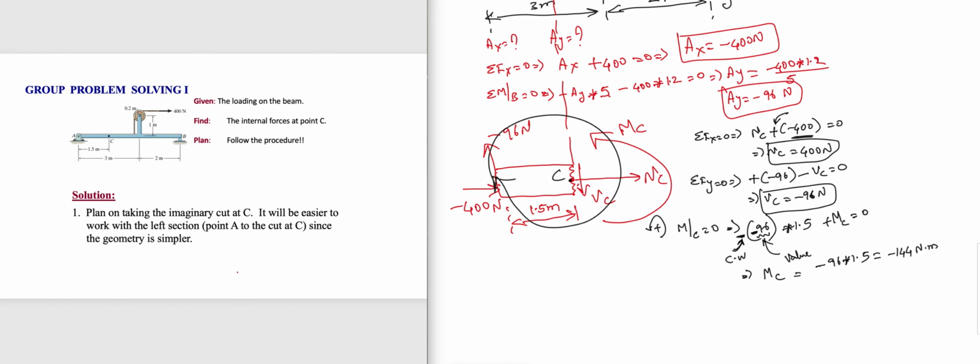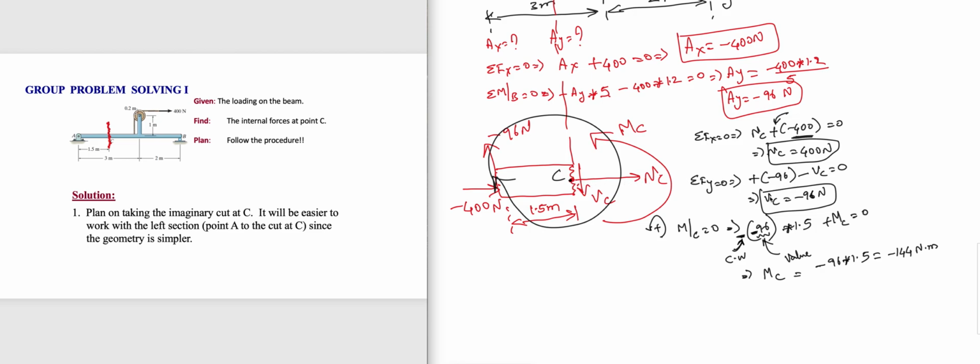So the internal reactions at C due to the given loading, that means when you had a rope with this pulley system, you apply 400 to the right. Internal reactions at C are, normal reaction is 400, going away from C. Isn't the NC going away from C, perpendicular to the surface?